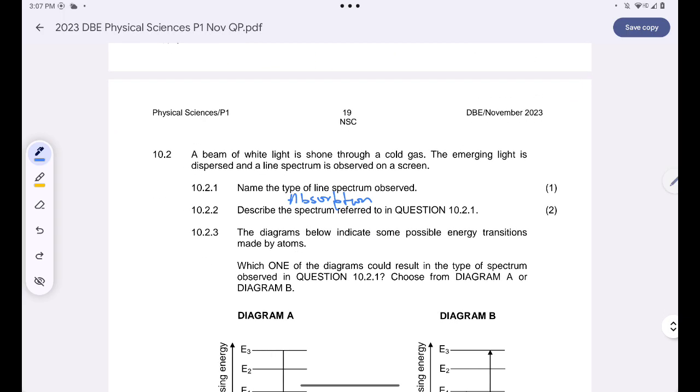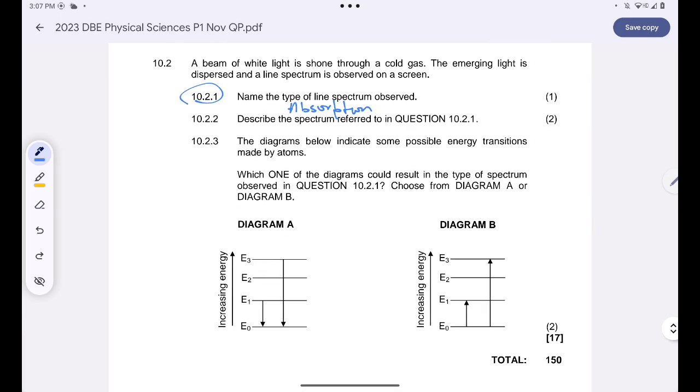And then we are told that the diagrams below indicate some possible energy transitions made by the atom. Which one of the following diagrams could result in the type of spectrum observed in 10.2.1? Choose from diagram A to diagram B. This will be diagram B. Why?